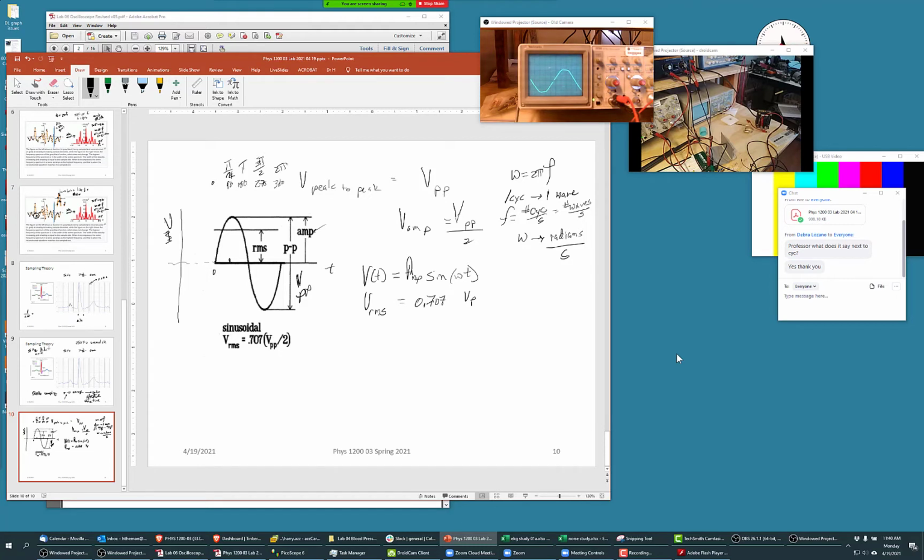There we go. So it all fits together. It's really amazing, Mother Nature and circles and sine waves. So V peak to peak divided by 2.